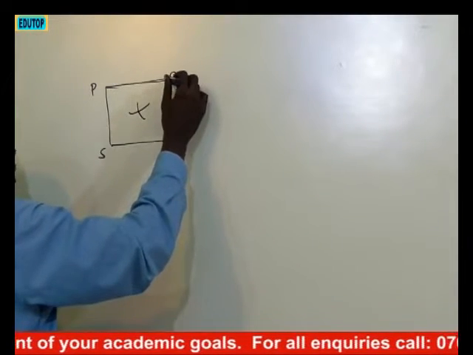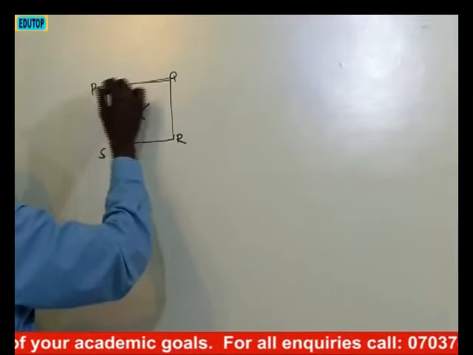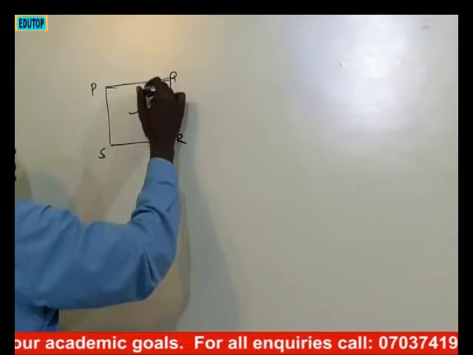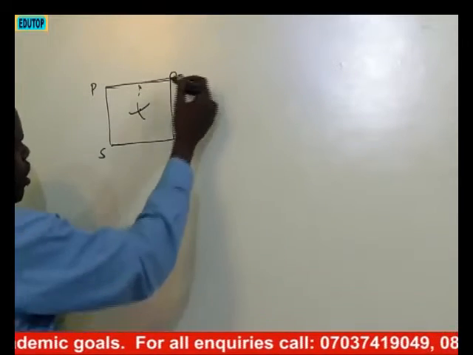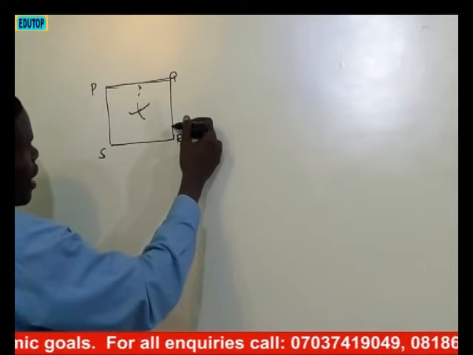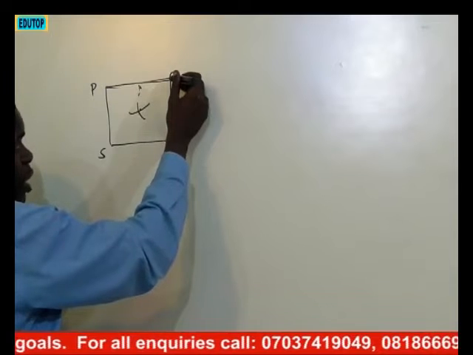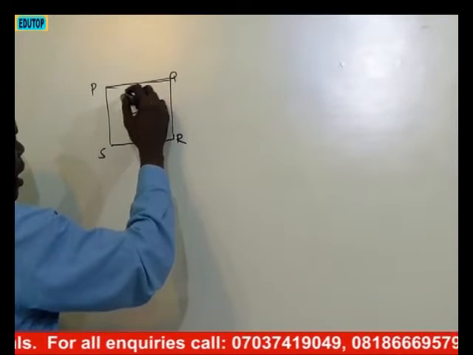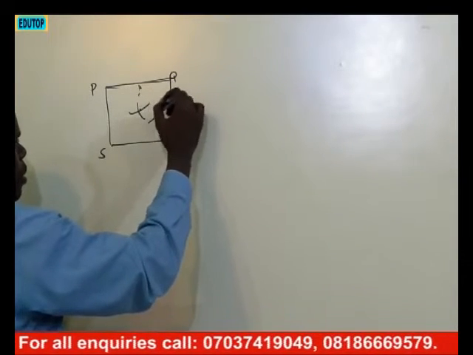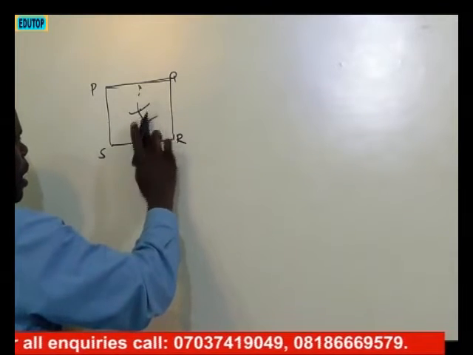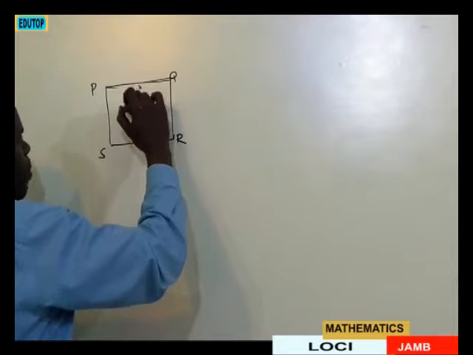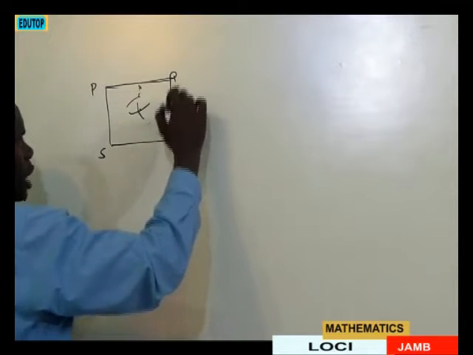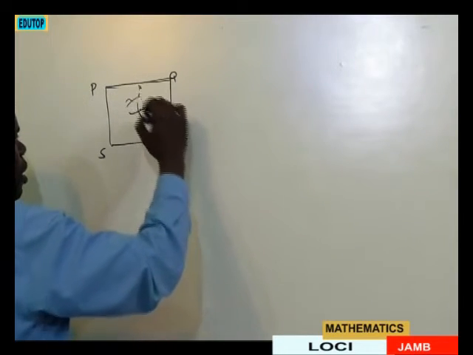Then it is equidistant to PQ and also QR. You pick a point here, the same radius, you mark a point. You put it somewhere here and mark a point. Then you put it somewhere else, but with the same radius, and mark a point here.